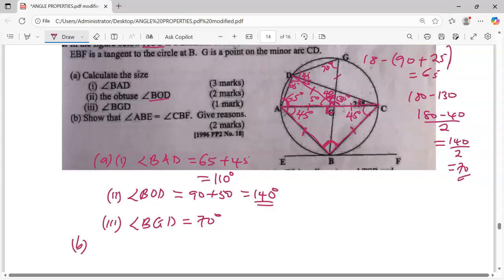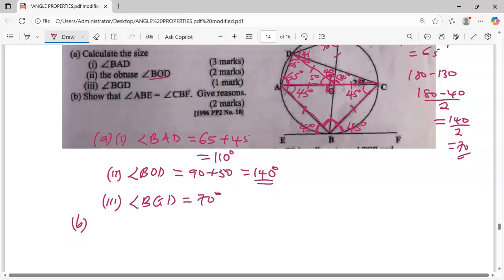Part B, show that angle ABE, this angle here, is equal to CBF, and you can see this one is going to be the alternate angle of the angle at point C. This is also going to be 45, and this angle alternates with this angle in the alternate segment, meaning we are going to have 40 degrees at this point.